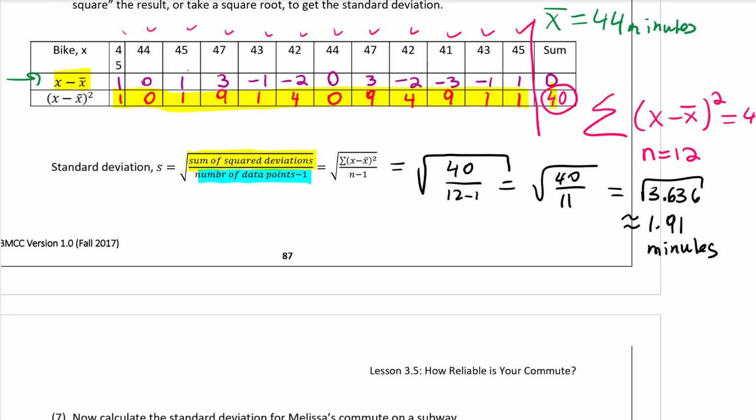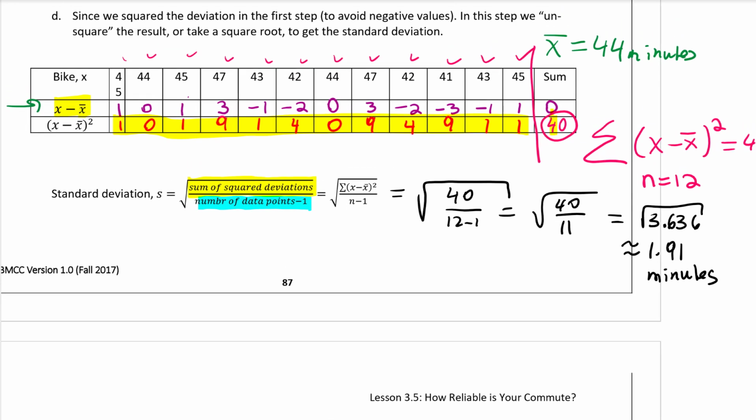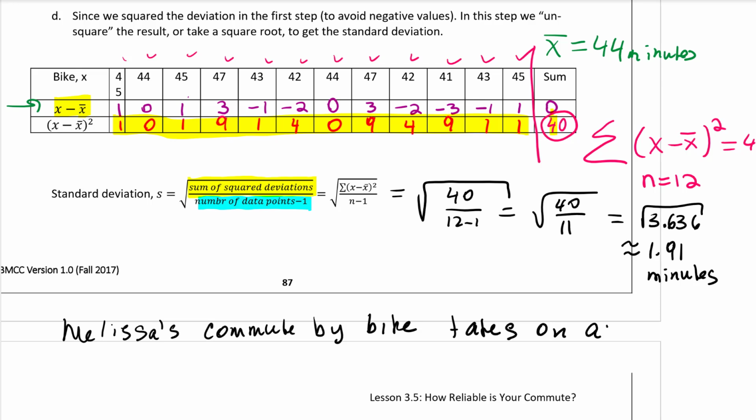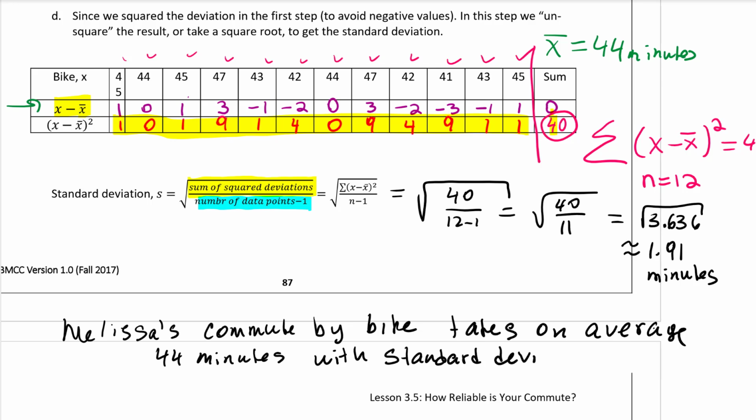The way we can write this in a sentence is: Melissa's commute by bike takes on average 44 minutes with a standard deviation of about 1.91 minutes.